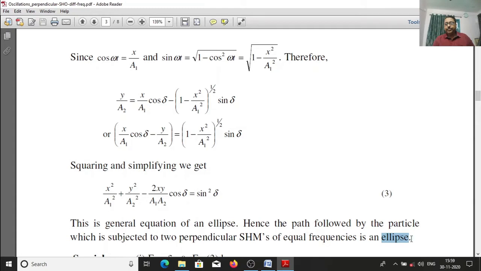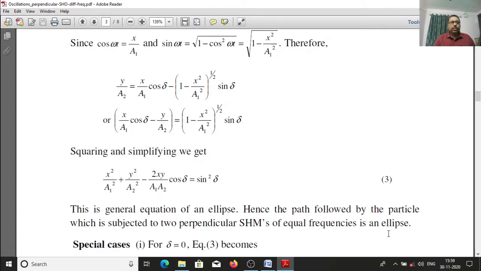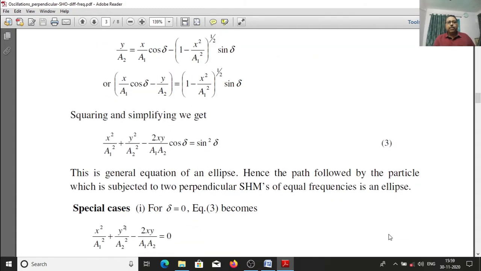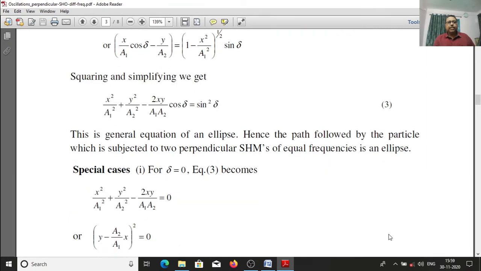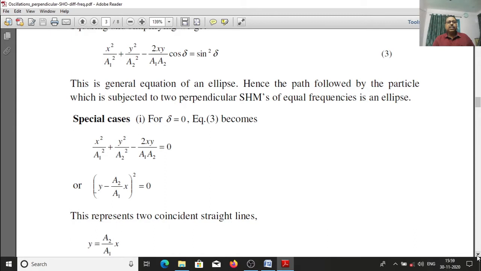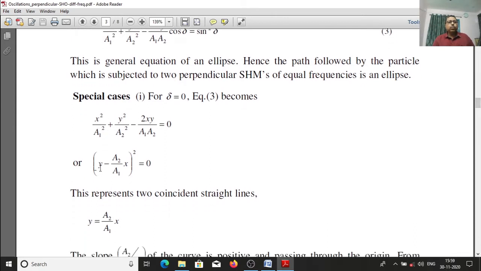Now, a special case. From equation 3, if we put delta equal to 0, then cos delta becomes 1 and sin square delta becomes 0. Therefore equation 3 ultimately becomes (y minus a2 by a1 times x) whole square equals 0.